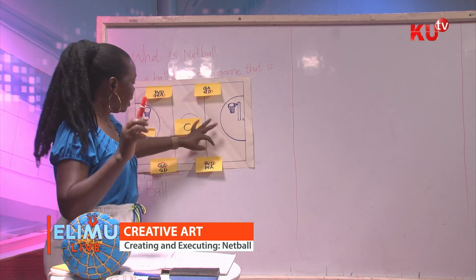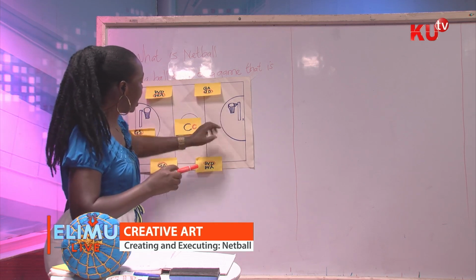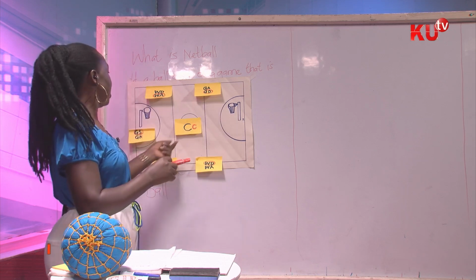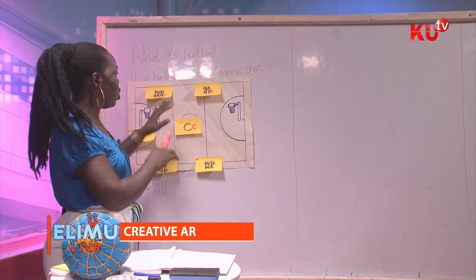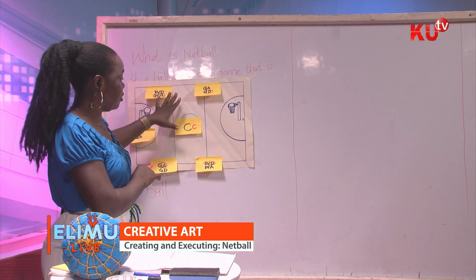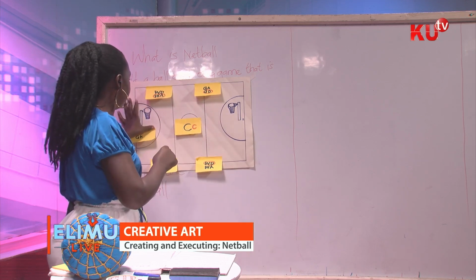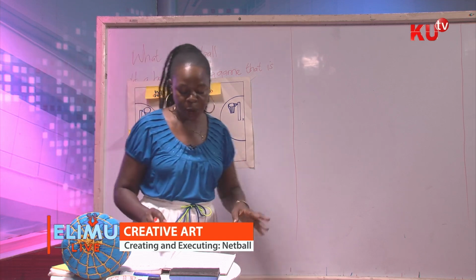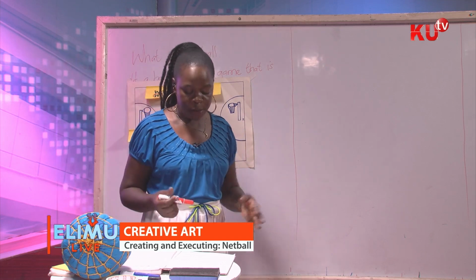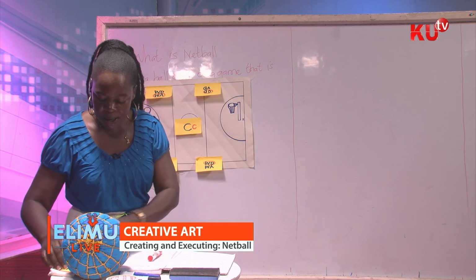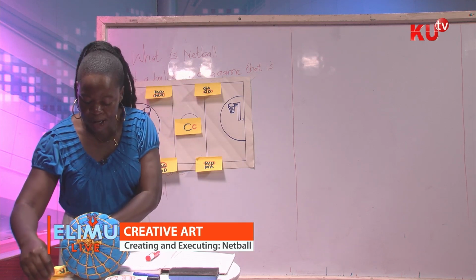She'll make sure that any rebounding ball that comes from here, she passes it back to the center or to the goal attack or whoever is ready to receive the ball, and then the ball will come back to their side. The ball will reach the goal shooter again, and then they'll be able to shoot the ball and get a score.